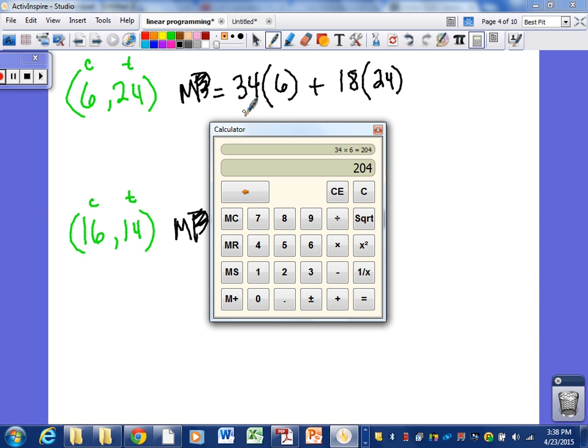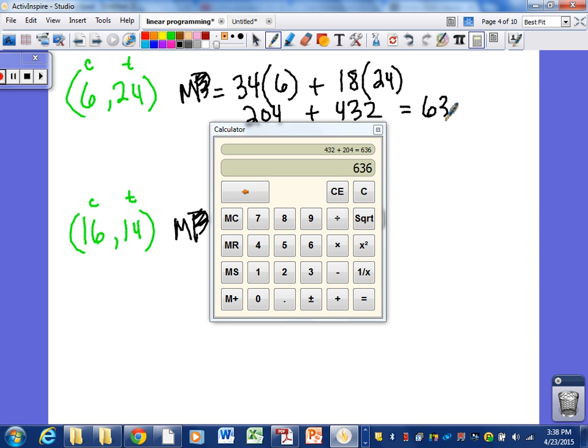That's 204. 18 times 24 is 432. So if I add these both together, I get a grand total of 636 miles that I could drive, with 6 gallons in my car and 24 gallons in my truck.